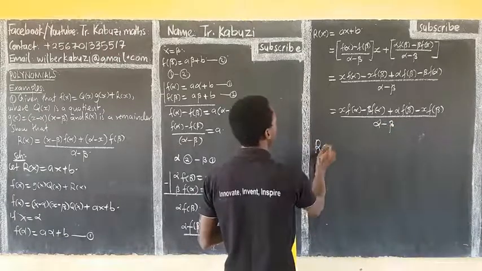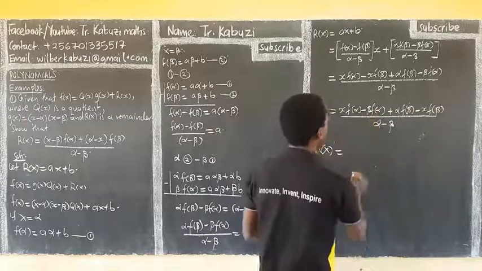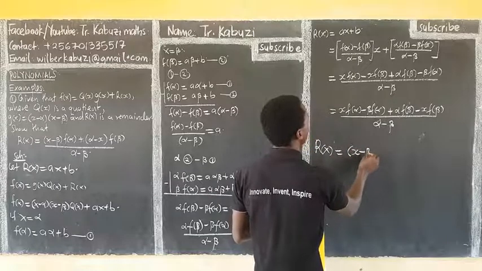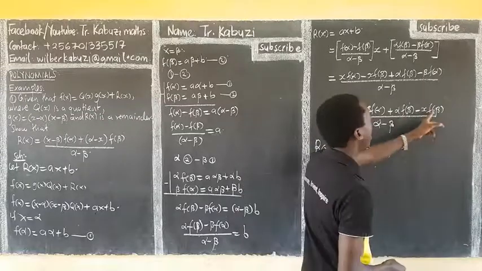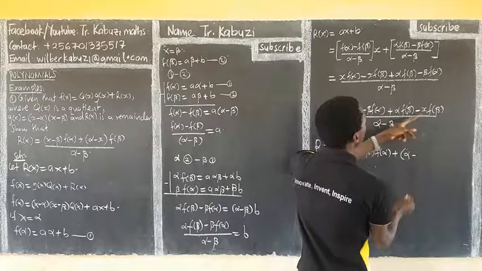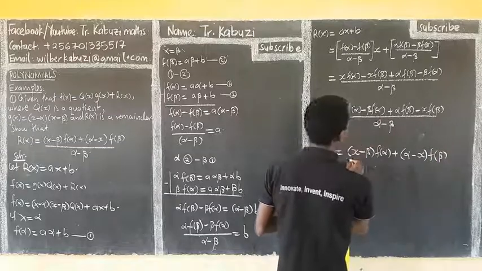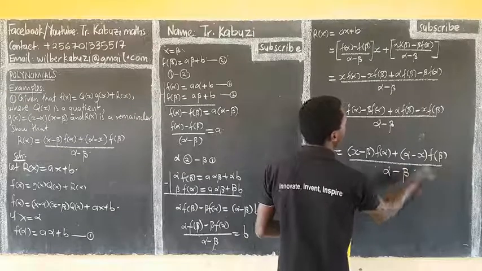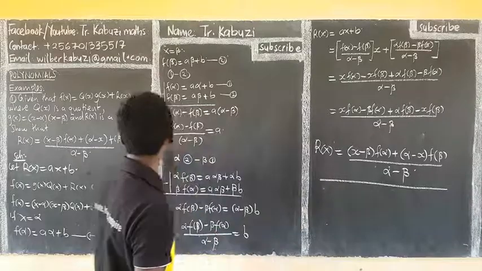So my r of x is going to be, when you factorize f of alpha, here we have x minus beta into f of alpha. Here what is common? f of beta. So you factorize f of beta, here we have alpha minus x into f of beta, the whole over alpha minus beta, and that is our proof, as you can see in this question.